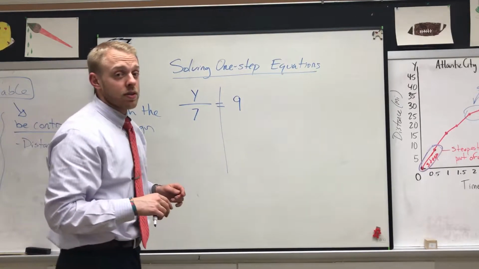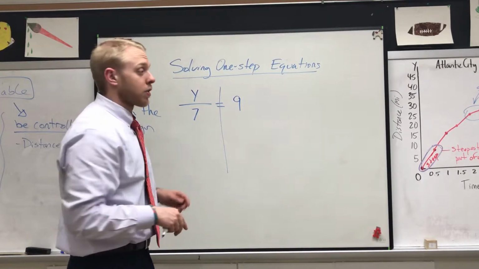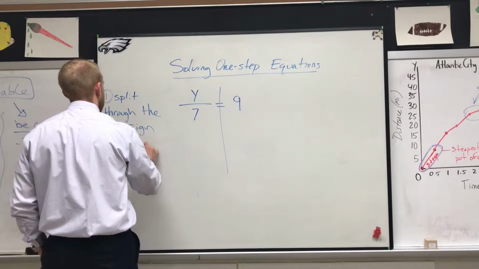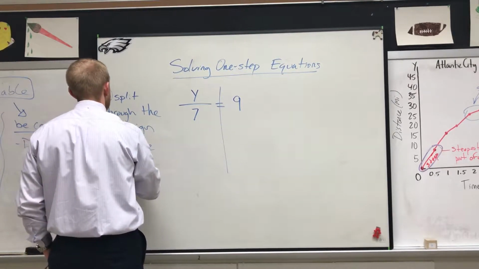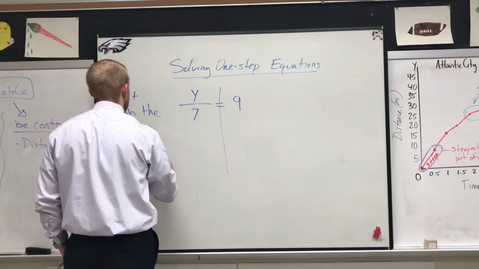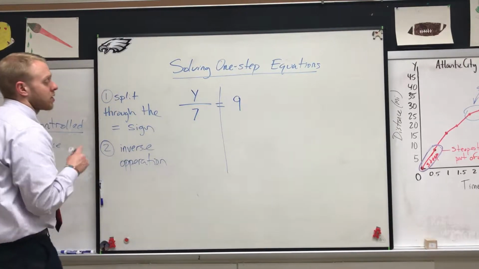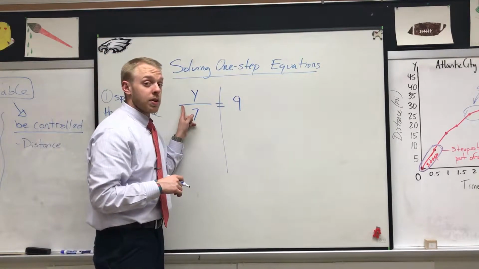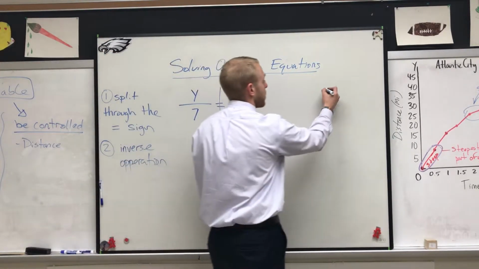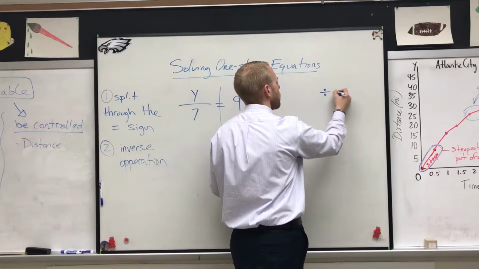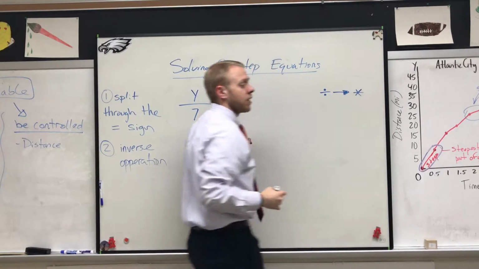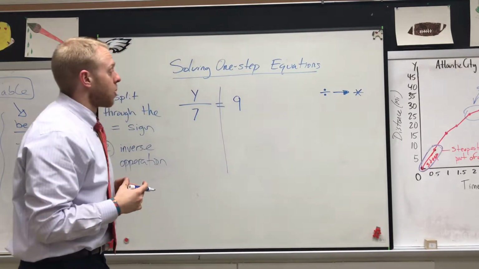The first one, inverse operation. We need to identify what our inverse operation is going to be. If you listened before, we know this means division, so you should be thinking to yourself, what's the opposite of division? And hopefully, in your mind, you're thinking, it's multiplication.